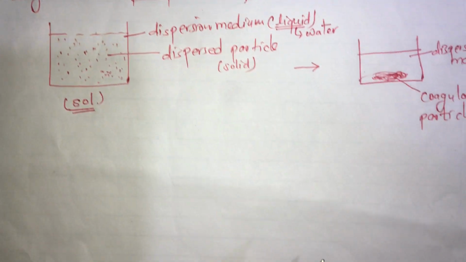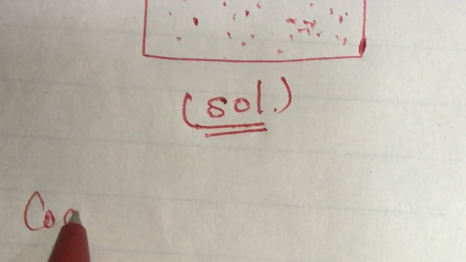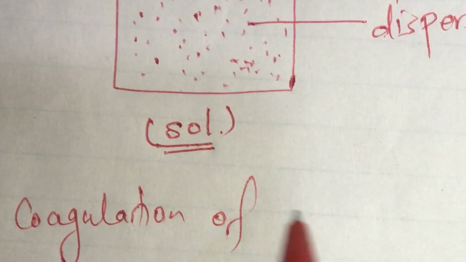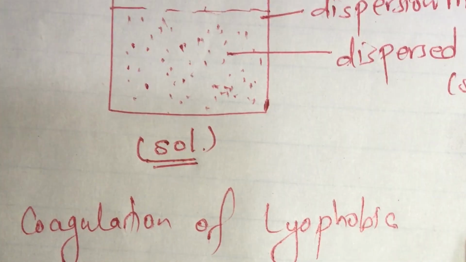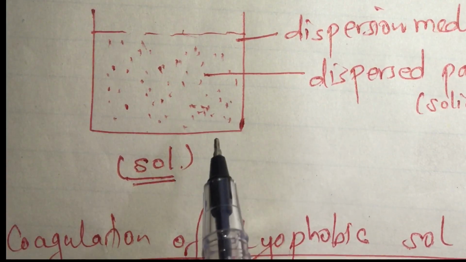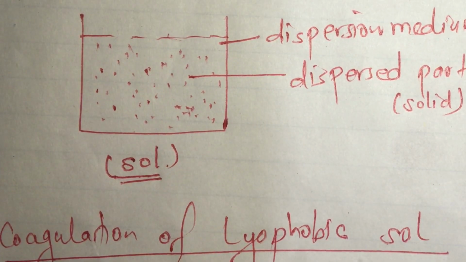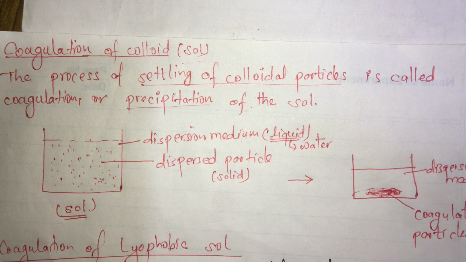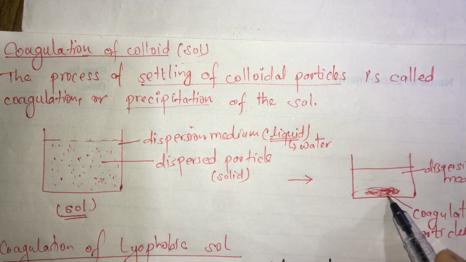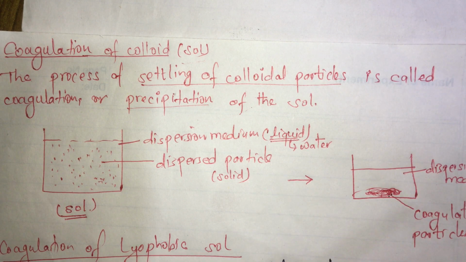So first of all, we will discuss the coagulation of lyophobic sol. The stability of lyophobic sol is due to the presence of charge on colloidal particles. If somehow the charge is removed, the particles will come nearer to each other to form aggregates or coagulate and settle down under the force of gravity.